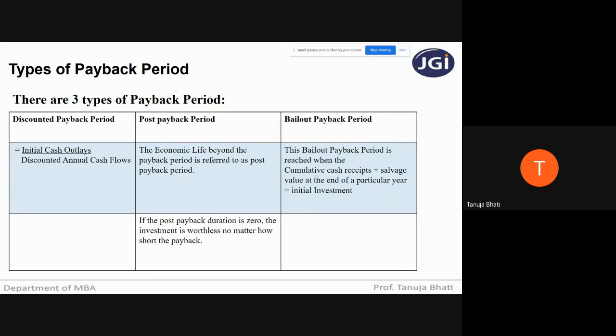To that, you need to add the salvage value, the scrap value, at the end of a particular year, which will also be given. When the total of those two equals the initial investment, that year will be the bailout payback period.